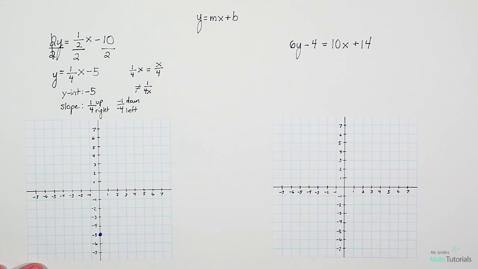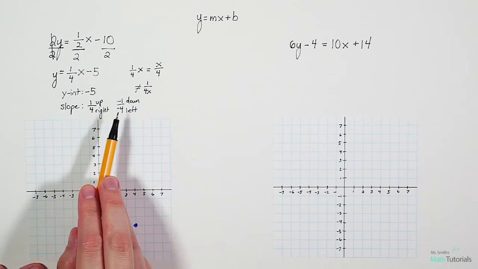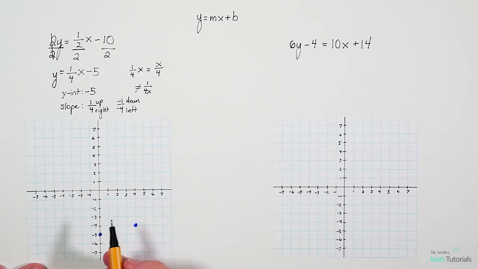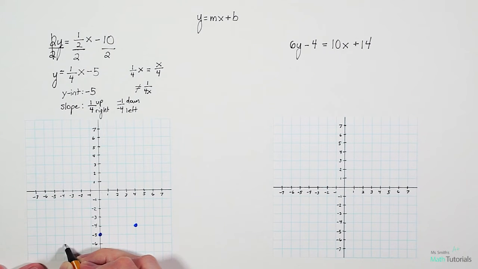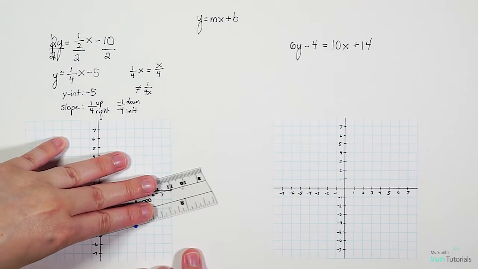And then we want to move, let's start with this one, up 1, right 4. And then let's do our alternate, so down 1, left 4. Go back to the start, down 1, left 4. And connect our dots.